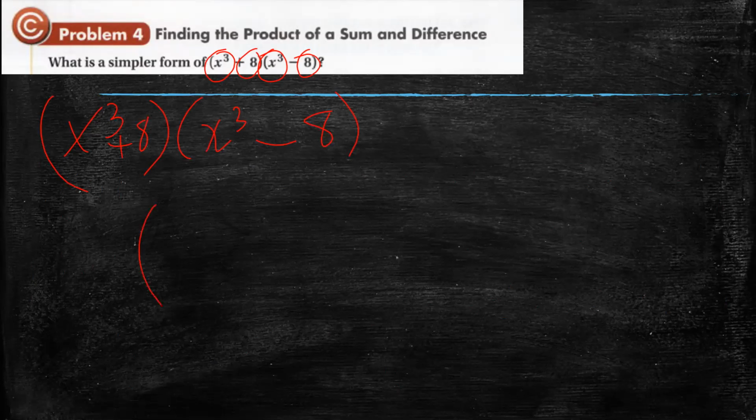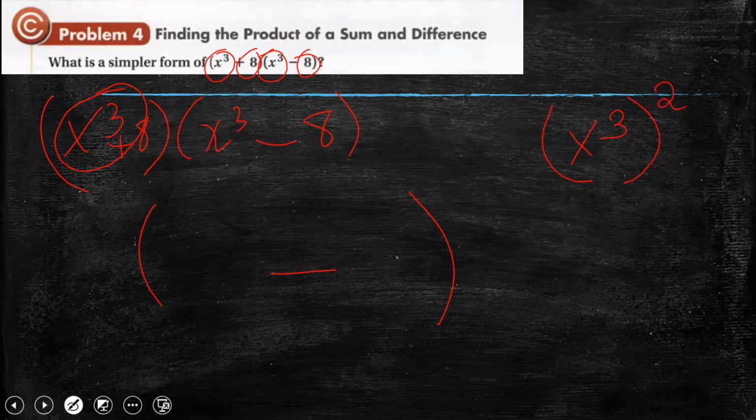So I can write it quickly in two terms. Between them, we have a minus sign. Look at the first one. It's x cubed. I want now to square the first term. That means the first term is x cubed, squared, to the power of 2. That will be x to the power of 6, because if I square it, I multiply the exponents. So x raised to the power 6.